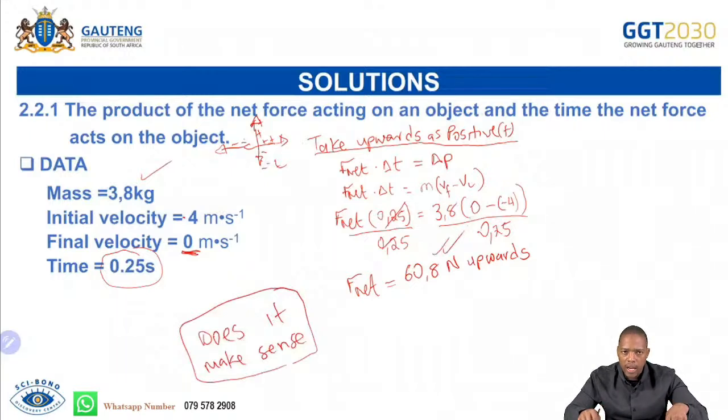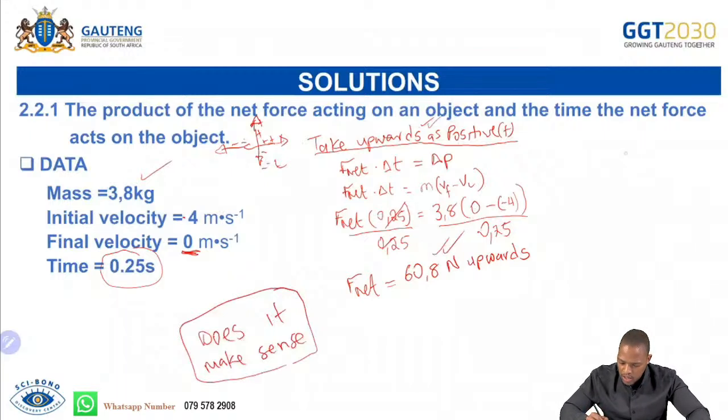It is going in a negative direction. That means the cat will exert a negative force on the floor in terms of how we have chosen the direction. By the way, remember, it's important. It is based on how you have chosen the direction. So the cat will exert a negative force on the floor. Then the floor, or the ground, will have to exert a positive force on the cat.